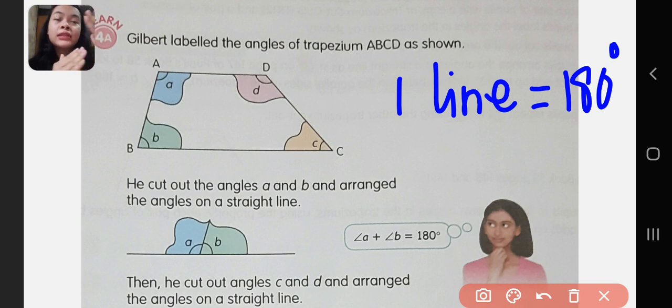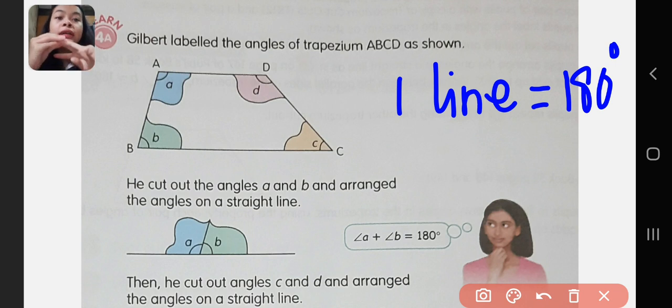So you got steps to identify what kind of quadrilateral that is. First of all, if only one parallel line, you can say that is a trapezium. If two parallel lines, it can be a parallelogram or a rhombus. Then identify more.